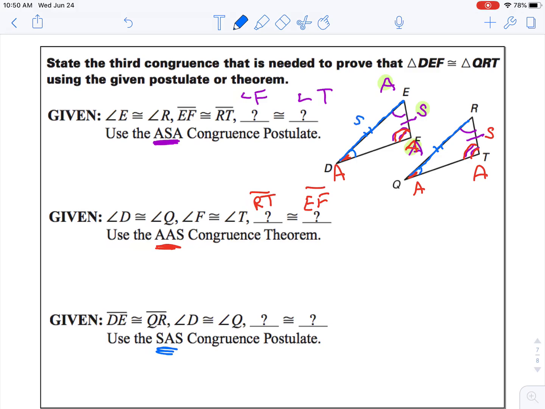So we're given this side and this angle, so we're going to need this other side. We are going to need DF being congruent to QT. So that's what we will need in order to use that particular theorem.